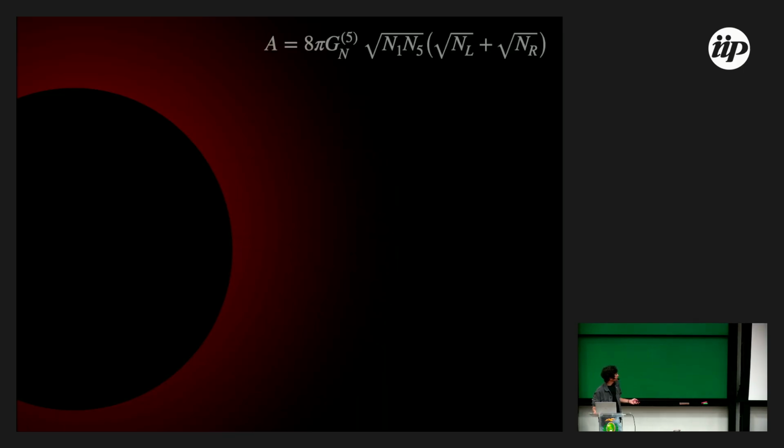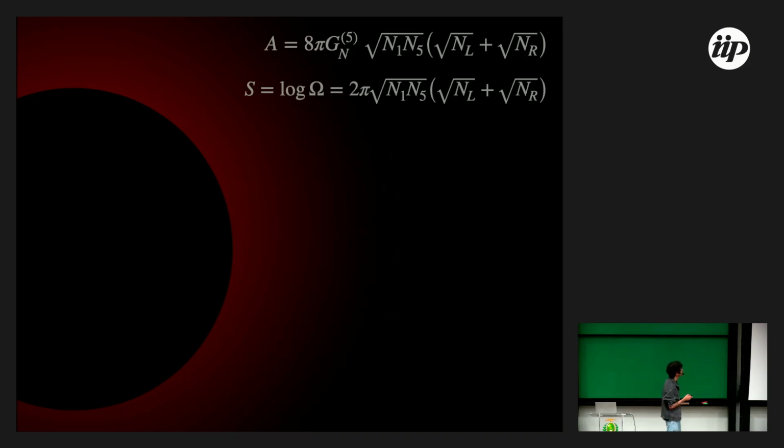So when you compare, you have a completely geometric computation that gives you this for the area of that black hole. And you have a CFT computation that gives you this, counting states. They are done completely differently, in completely different ways.